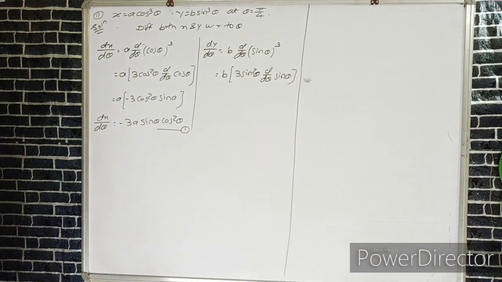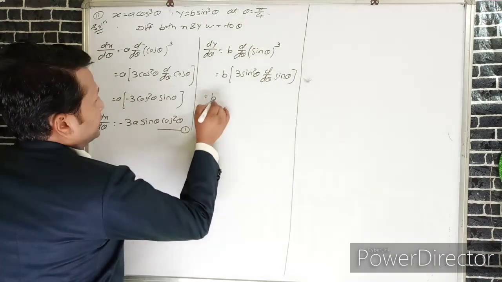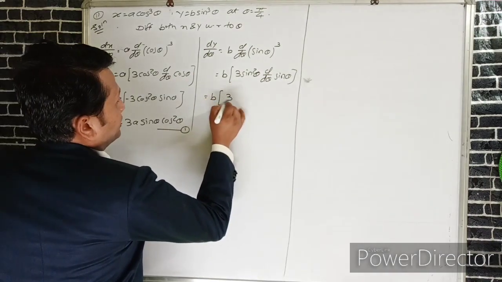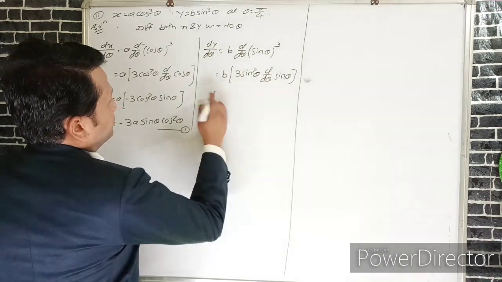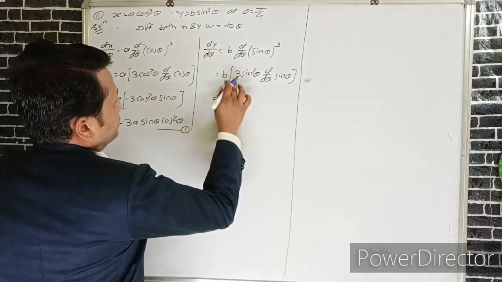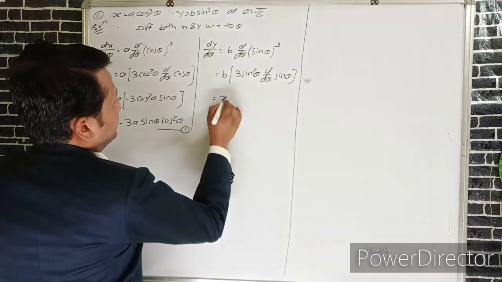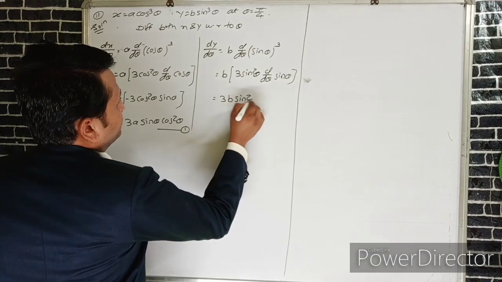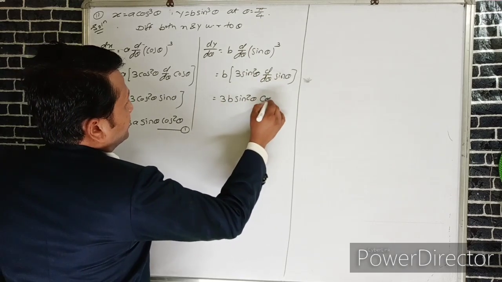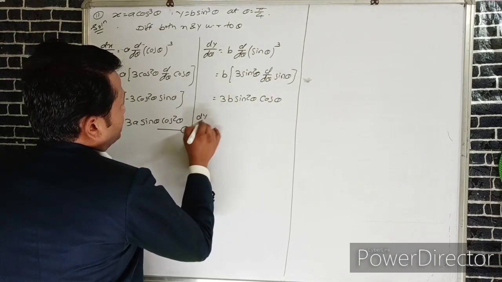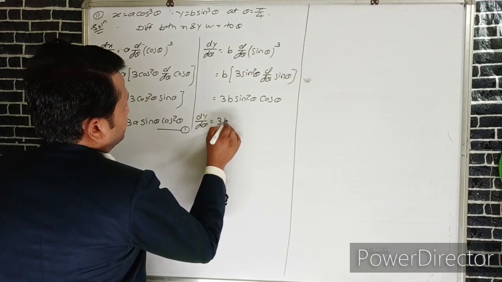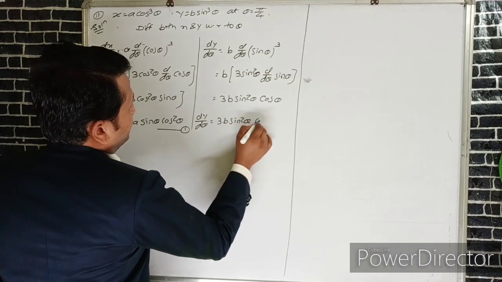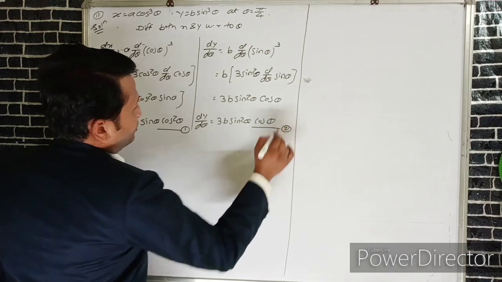This is equal to b into 3 sin square theta, that is 3b sin square theta, and the derivative of sin theta is cos theta, so dy upon d theta is equal to 3b sin square theta into cos theta, which is number 2.